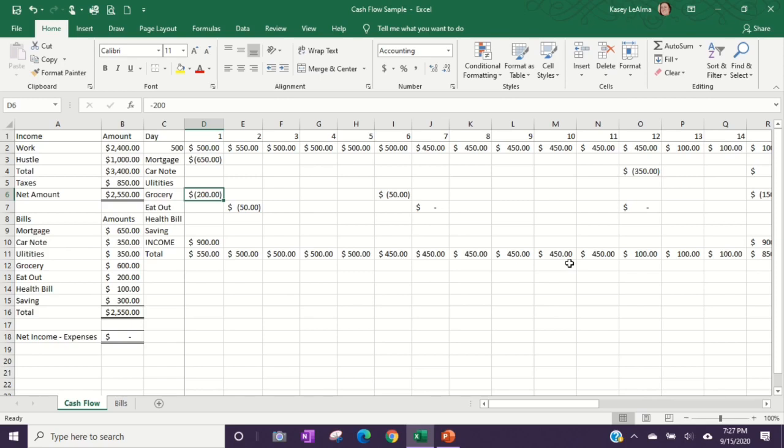So I do that, and then when things actually come in, groceries fluctuate. Instead of spending $200 on the 1st, I actually spent $250. And I'm like, holy crap, that's way too much.